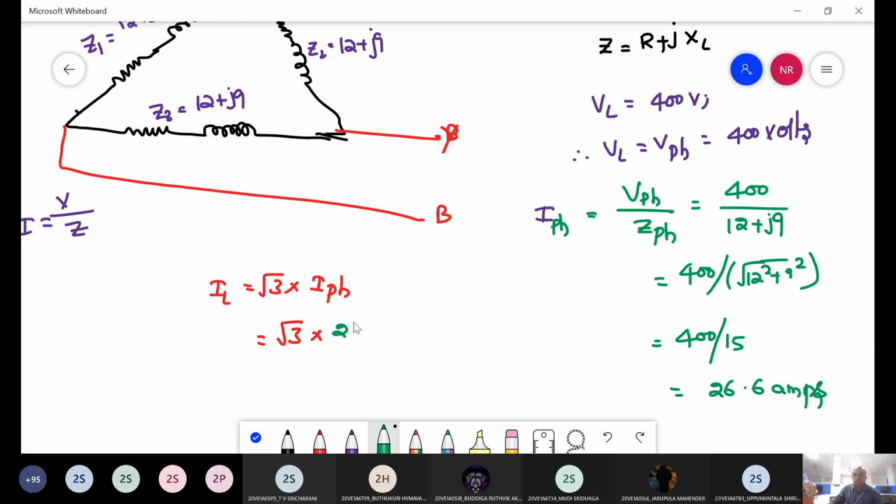Root 3 into 26.6. Calculate it. 46.07. 46.07 amps.